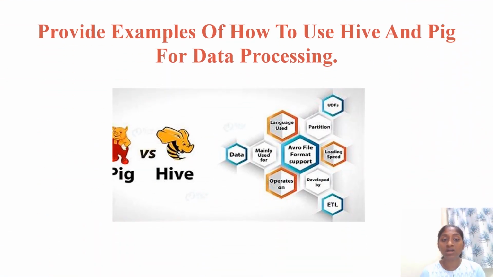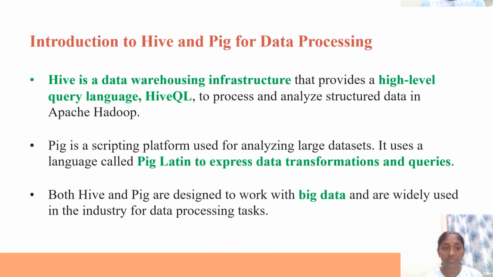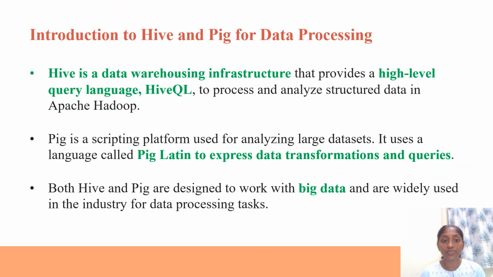Now, let's move on to examples of how to use Hive and Pig for data processing. Introduction to Hive and Pig for data processing. Hive is a data warehousing infrastructure that provides a high-level query language, HiveQL, to process and analyze the structured data in Apache Hadoop.